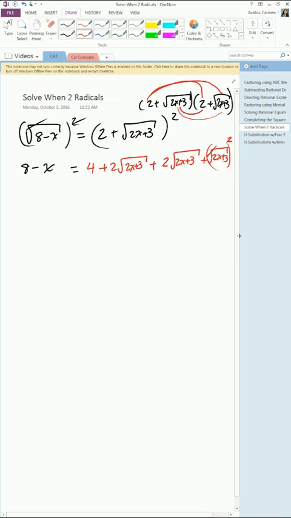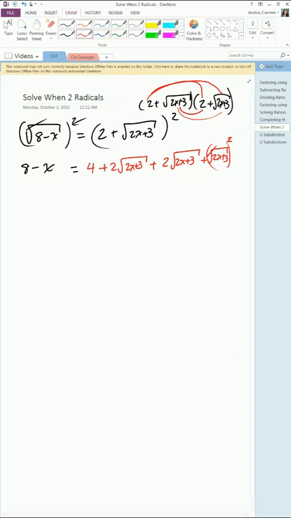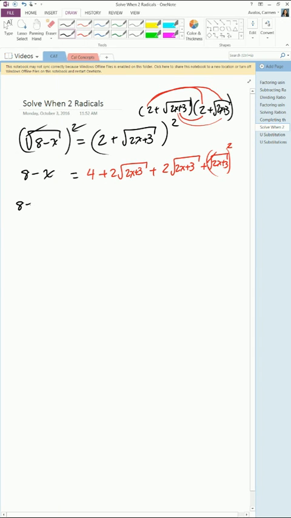So working that out, we're going to get 8 minus x equals 4 plus 4 square root of 2x plus 3. The 4 comes from these two, and then it's going to be plus 2x plus 3 because that one canceled there.